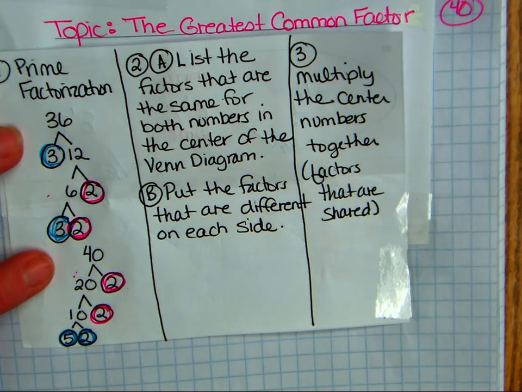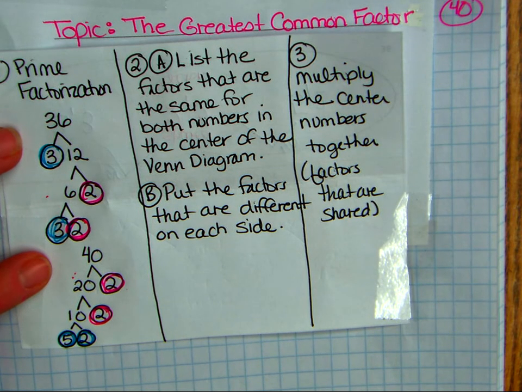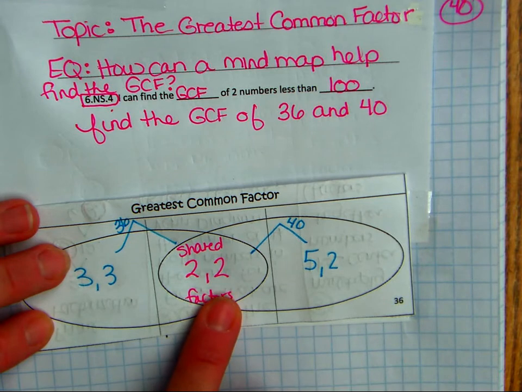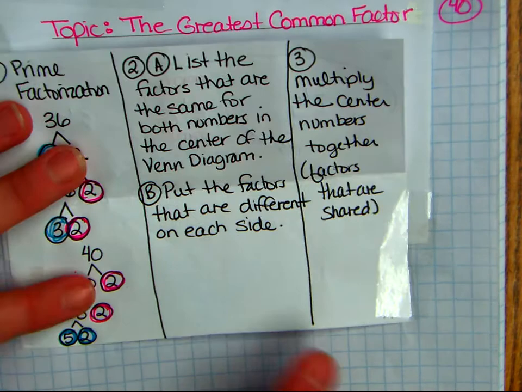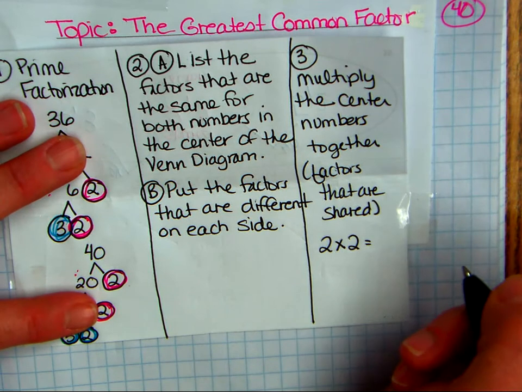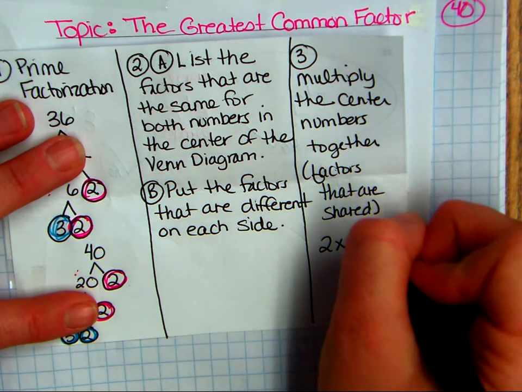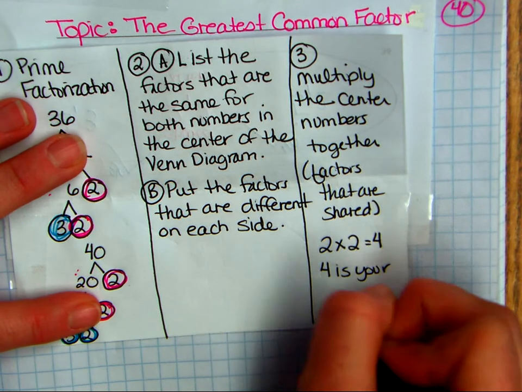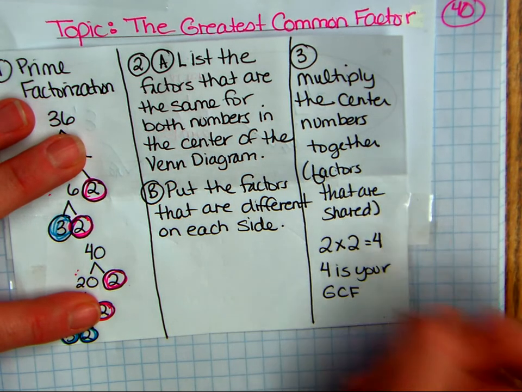So we're multiplying the shared factors together. I'm going to quickly go to our diagram. But at our diagram, remember in the center we had the 2 shared factors of 2 and 2. So those would be the ones that we would multiply together. 2 times 2. What is 2 times 2, class? 4. So 4 is your GCF.